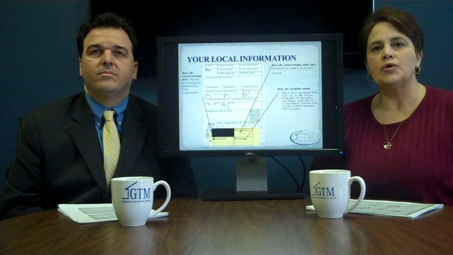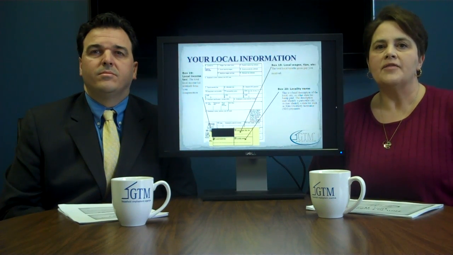Box 18 is your local wages, tips, etc. The local wages, taxable wage gross pay that you have received. Box 19 is local income tax, the total local income tax withheld from your compensation or paycheck. Box 20 is the actual locality name. This is a brief description of the local, city, or other state tax being paid.